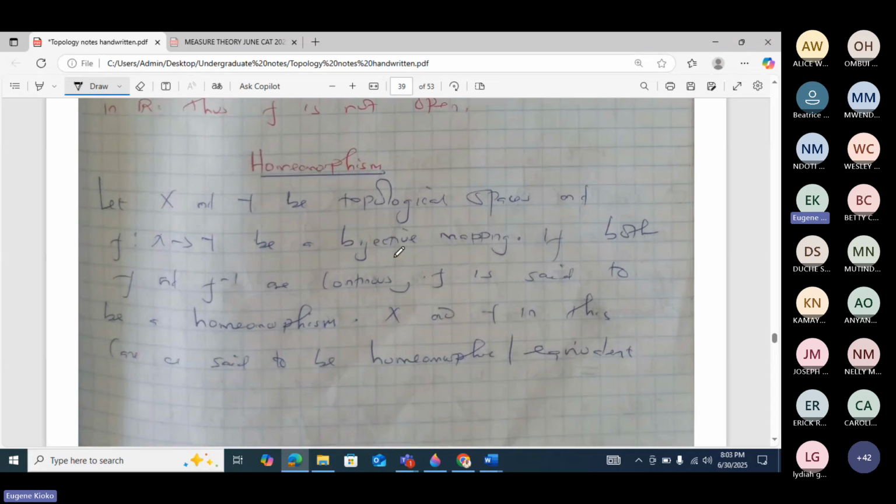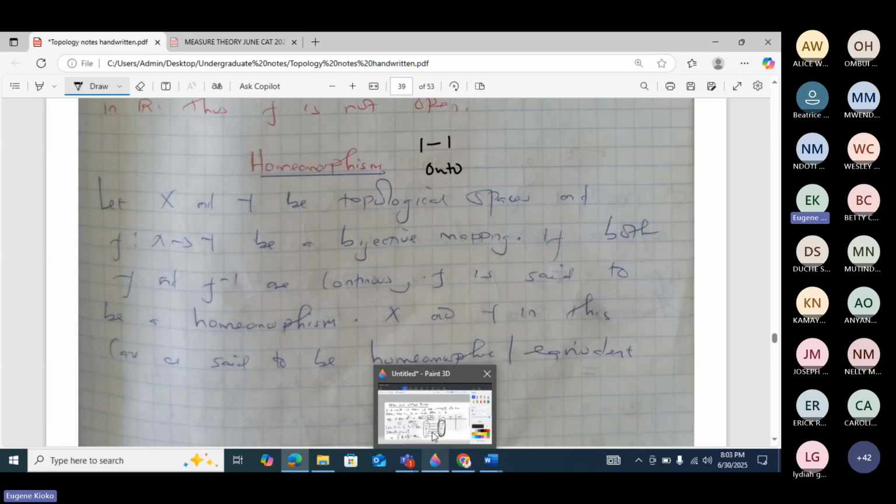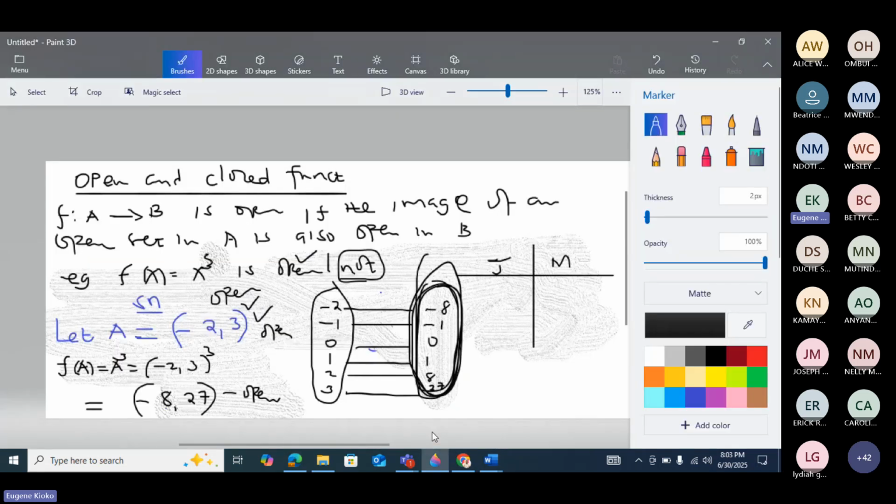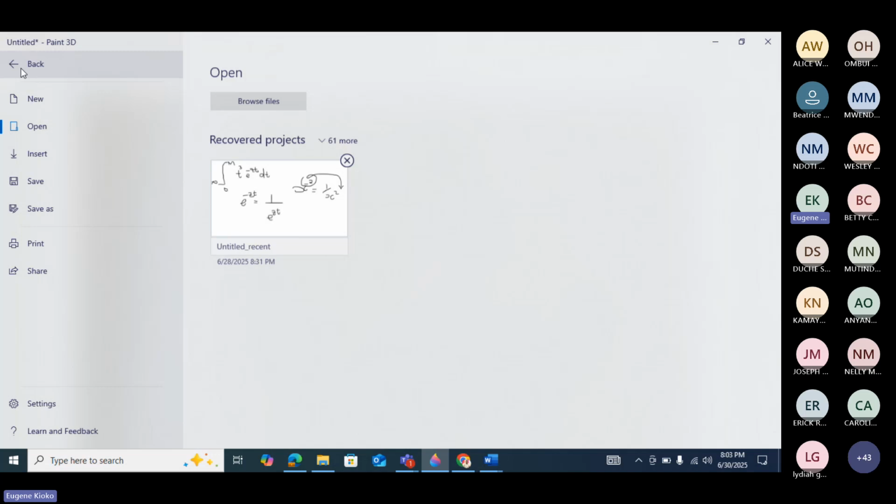A bijective mapping is one-to-one and onto. If both f and f inverse are continuous, then f is said to be a homeomorphism. Therefore, we say x and y are homeomorphic to each other. In short, if a function is continuous and its inverse is continuous, then we say it is a homeomorphism.